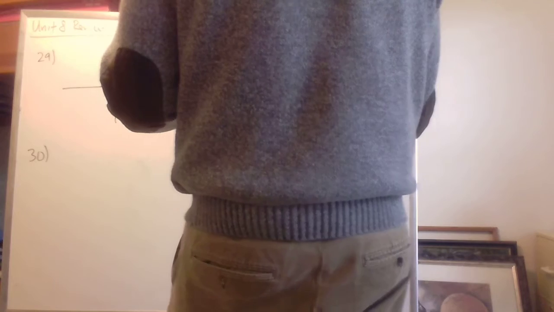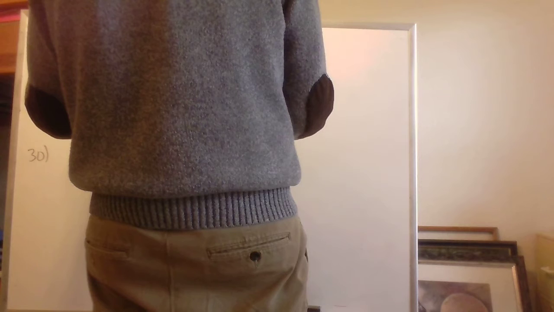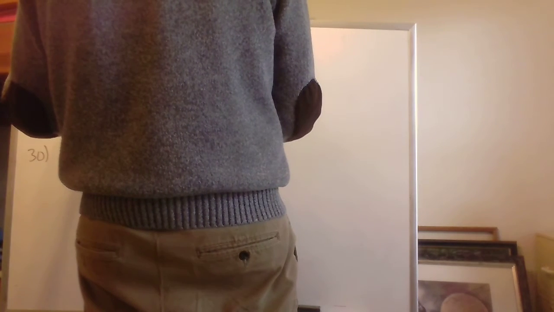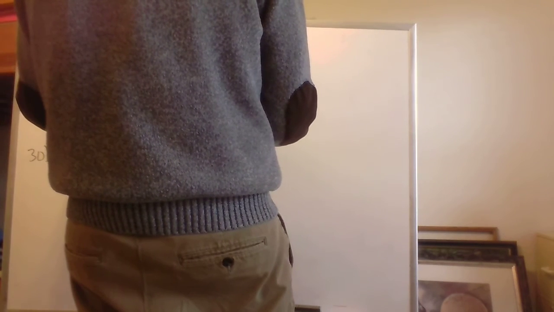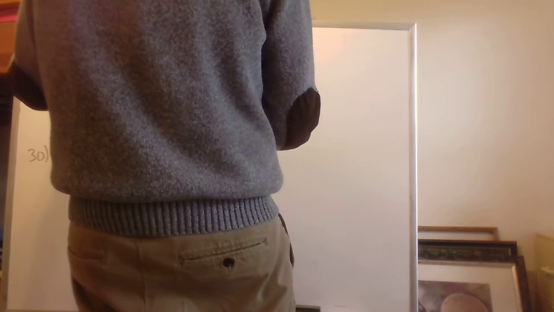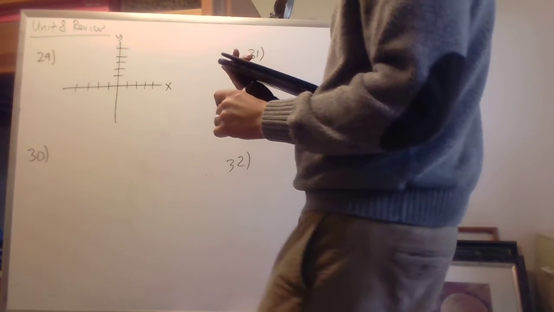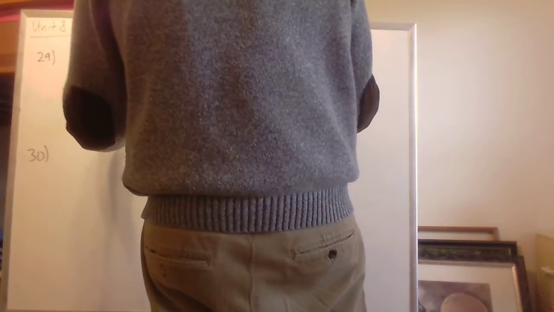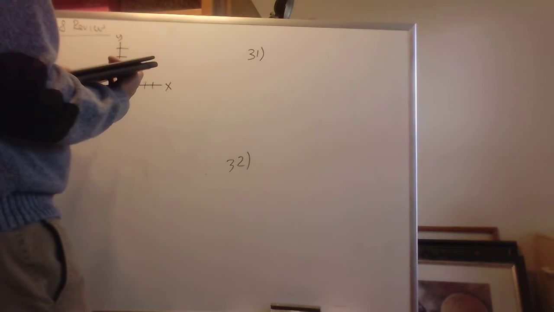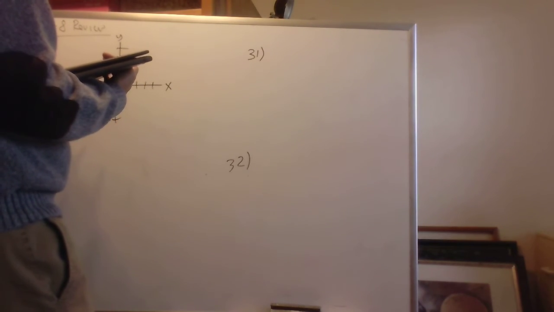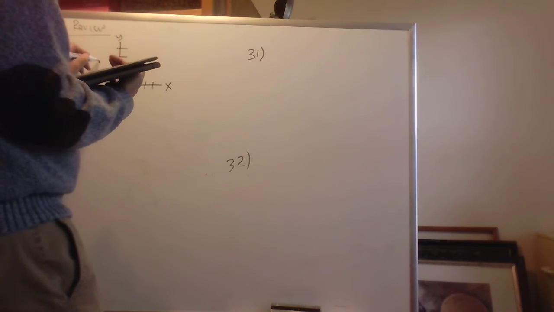So we have an x and y axis, and on this axis we have a diamond at -2, 0, and it goes something like this.